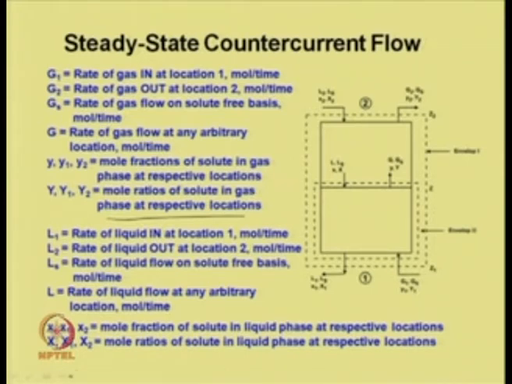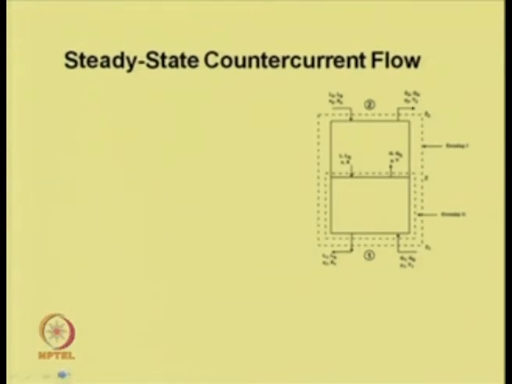So, with this convention, if we do the material balance, we can define Gs, as we said, which is solute free basis. Gs can be written as G by 1 plus capital Y, and capital Y is equal to small y divided by 1 minus small y.